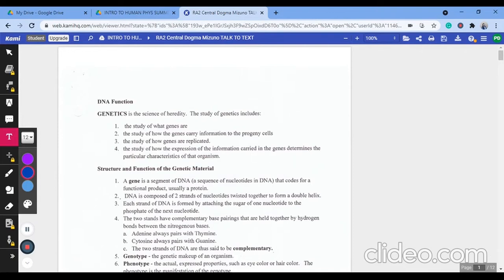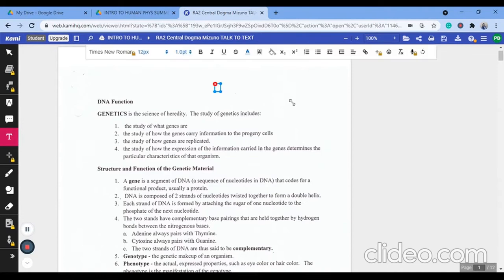So, DNA function or genetics. The first thing I noticed with this topic is that I've already learned about it in my AP biology class, which I took during my junior year.